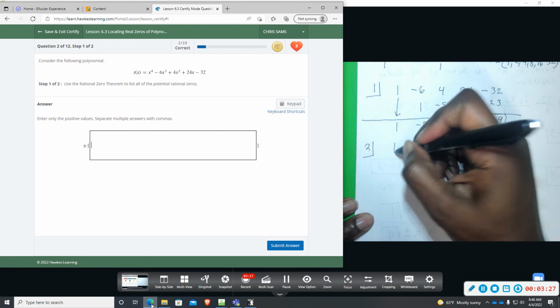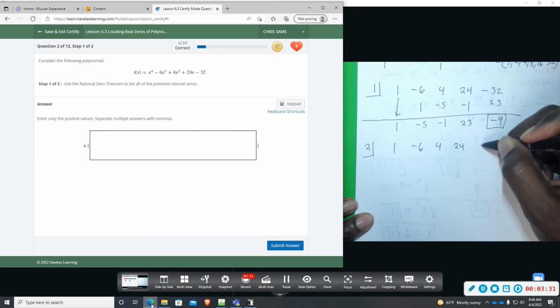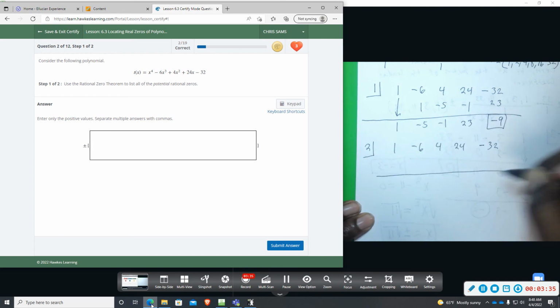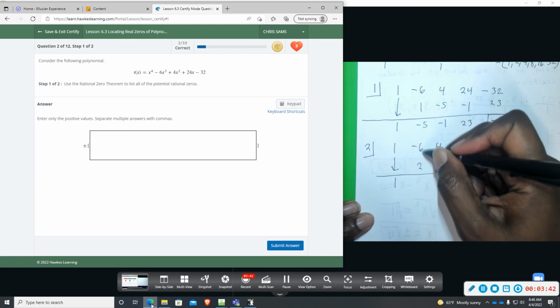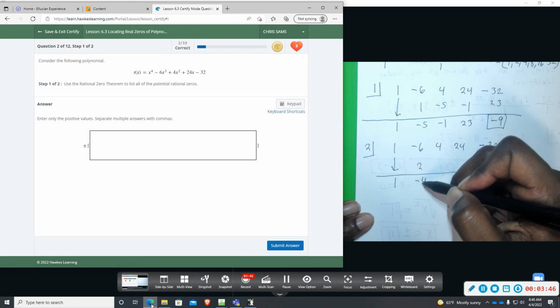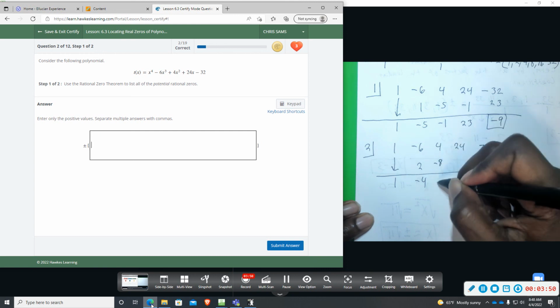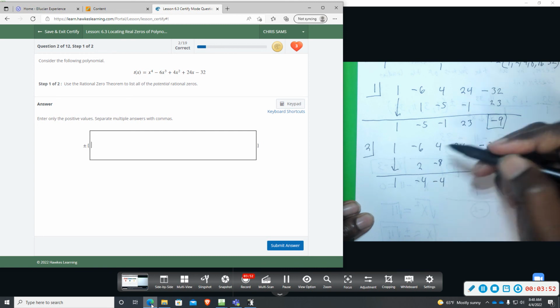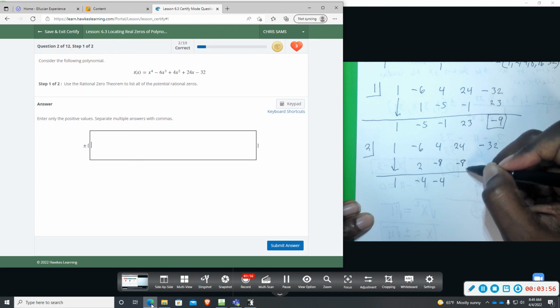And we'll do 1, negative 6, 4, 24, negative 32. Bring my first term straight down. 2 times 1 is 2. Combine, negative 4. 2 times negative 4, negative 8.